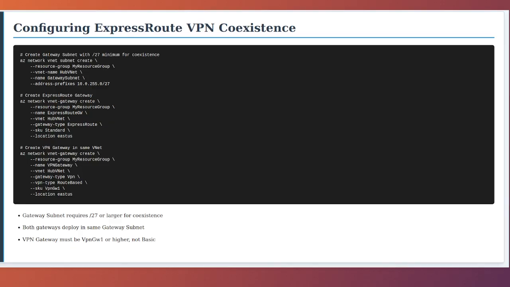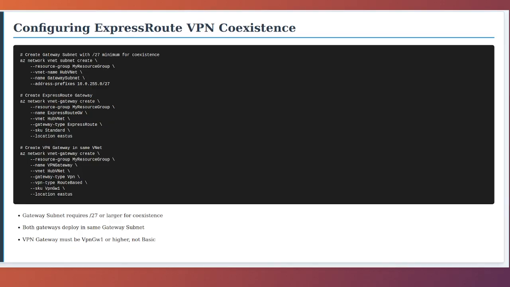The resource group and name parameters identify the gateway resource, here named ExpressRoute GW. The VNet parameter specifies which virtual network will host this gateway, referencing Hub VNet. The gateway type parameter must be set to ExpressRoute to create an ExpressRoute gateway rather than a VPN gateway.